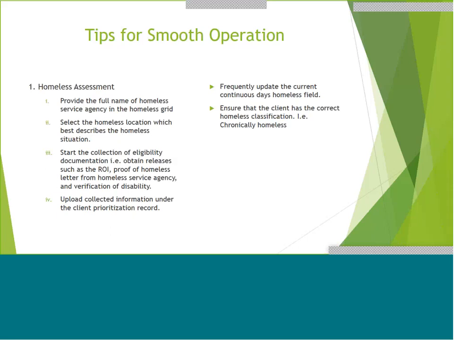We wouldn't stop the assessment just because we do not have any specific type of documentation. So once we have obtained that information, we can go in and upload the eligibility information or the ROIs to the client's prioritization record.